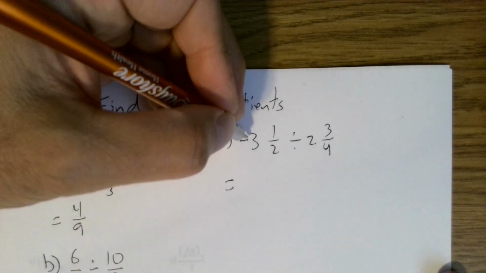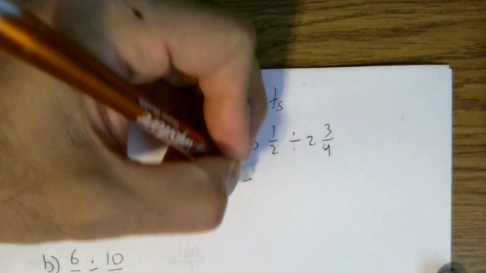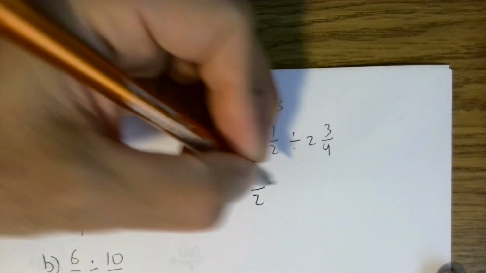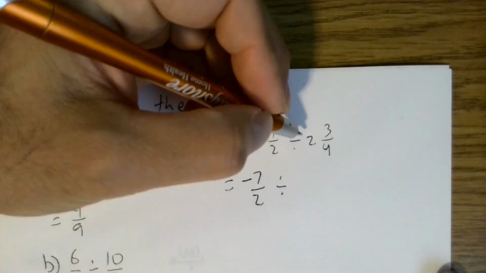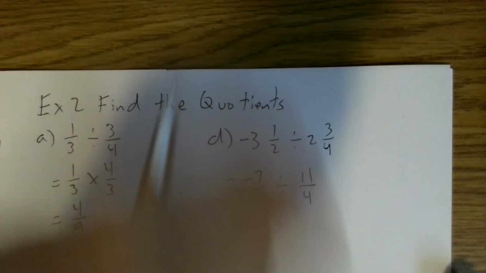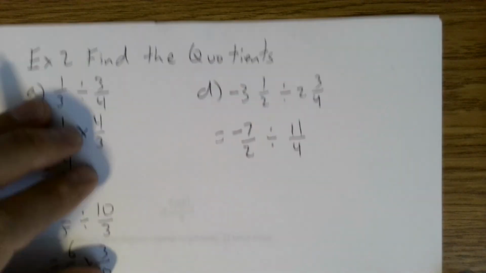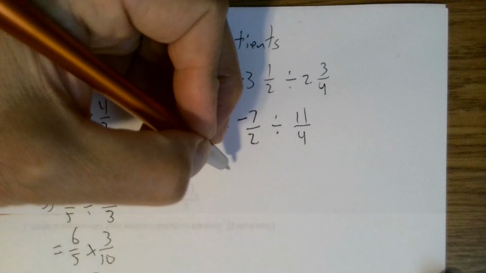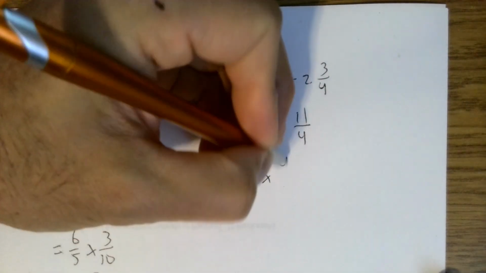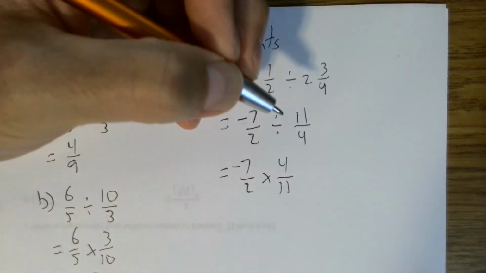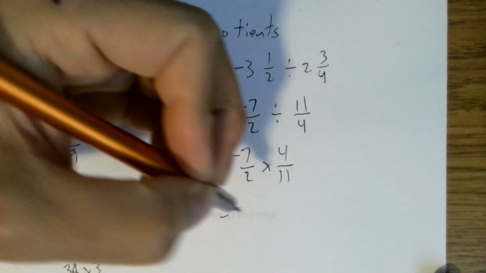So negative 3.5 is the same as negative 7 over 2. And we've still got division, and that's divided by 11 over 4. Okay, and now we know we can get the same answer by going negative 7 over 2 times 4 over 11. Keep the numbers small.